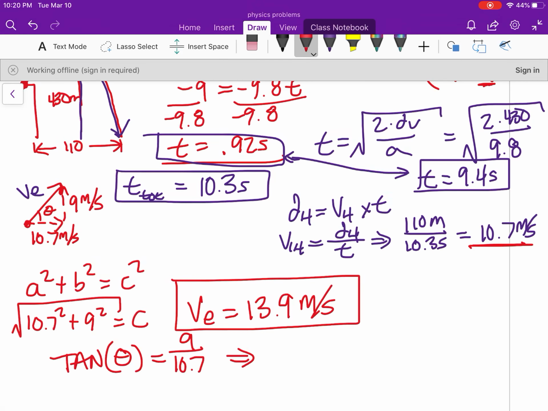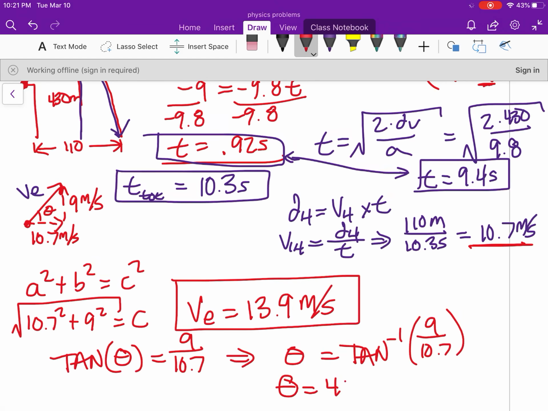Okay, when I need to solve for theta, I'll do the tan inverse. So tan inverse of opposite over adjacent. So 9 divided by 10.7. Take the inverse of that. And this golf ball needs to be hit at an angle of 40 degrees.